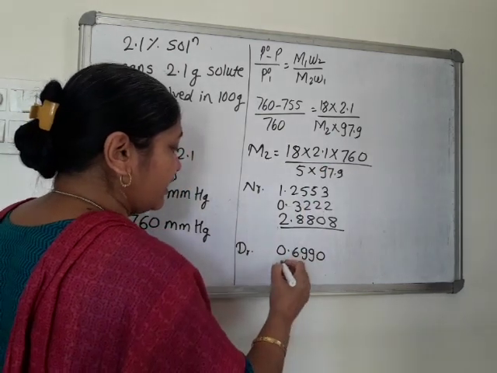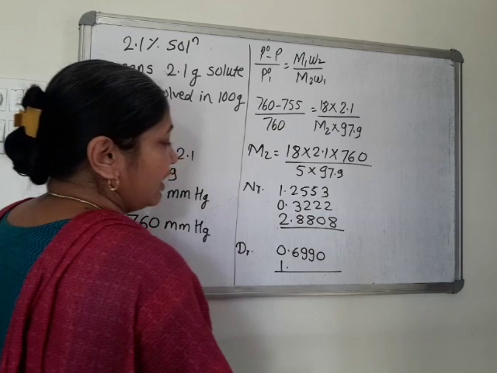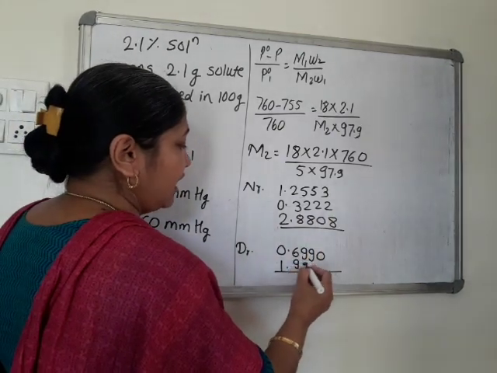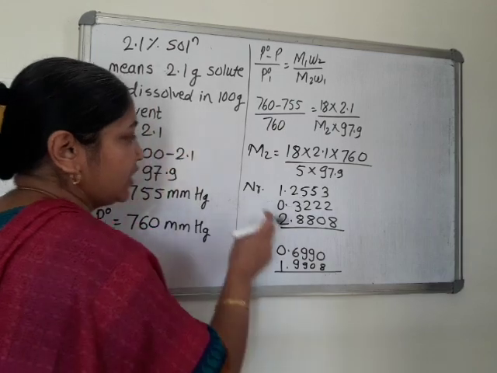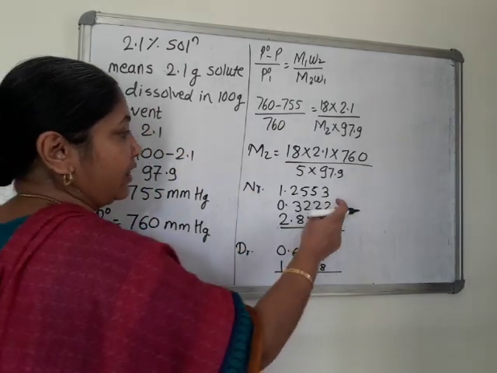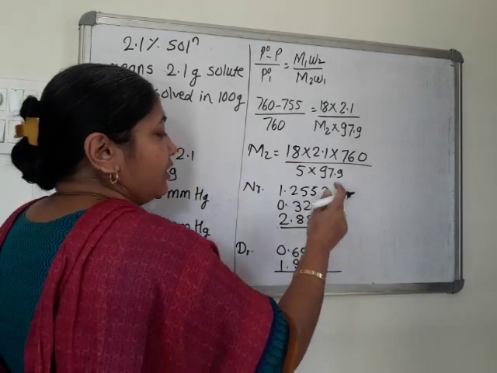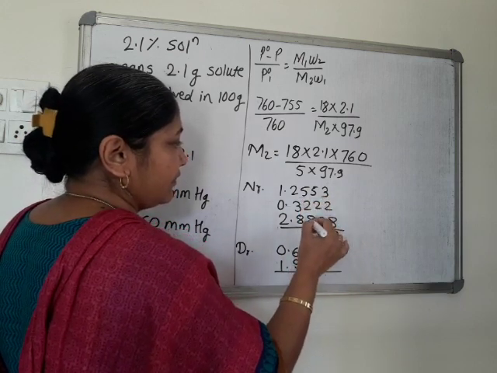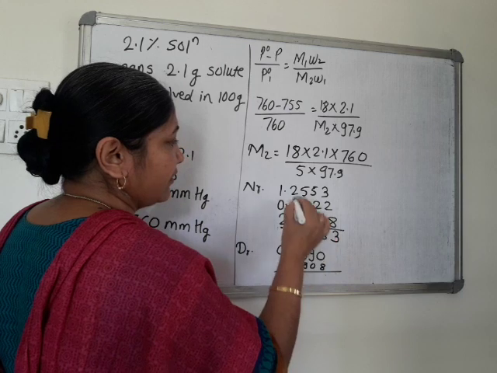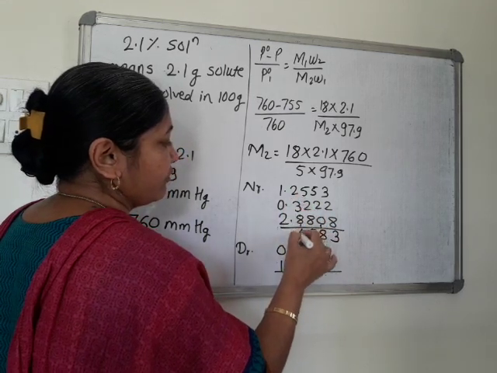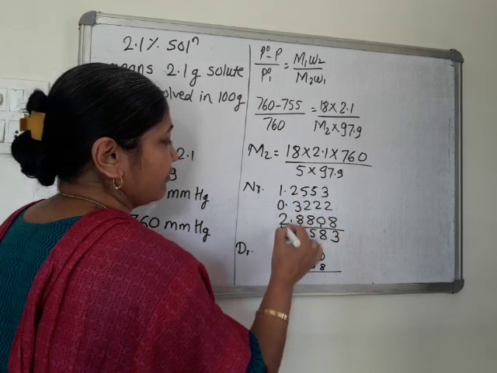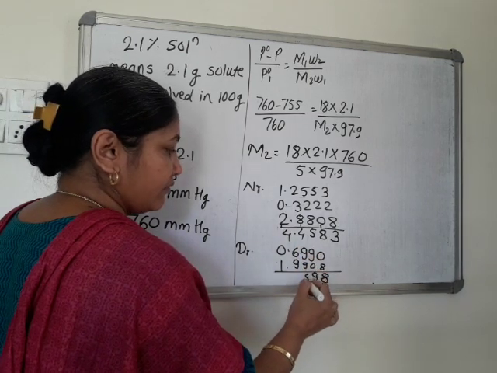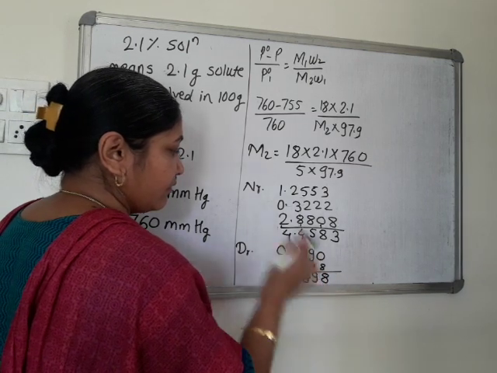And 97.9 is 9908. Chalo, do the addition of numerator and denominator, giving .4583.